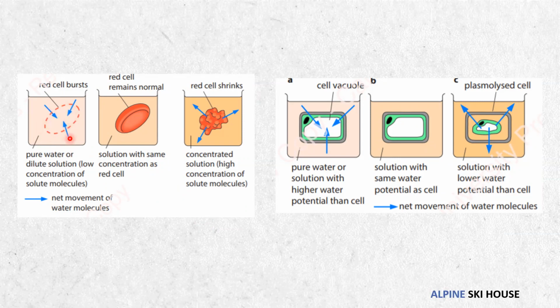If this solution is hypotonic compared to the red blood cell, water moves inside by osmosis. So much water goes inside that the cell membrane, which is very thin, will burst. Similarly, placed in a hypertonic solution as compared to the red blood cell, all the water moves outside and the cell shrinks or forms spikes called crenation. So just remember the word crenation and you'd be good to go.